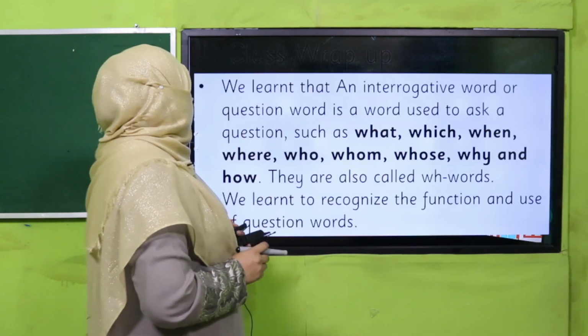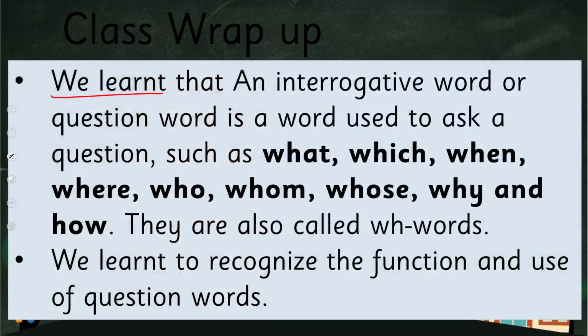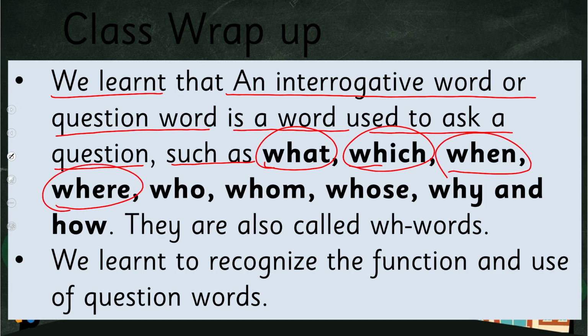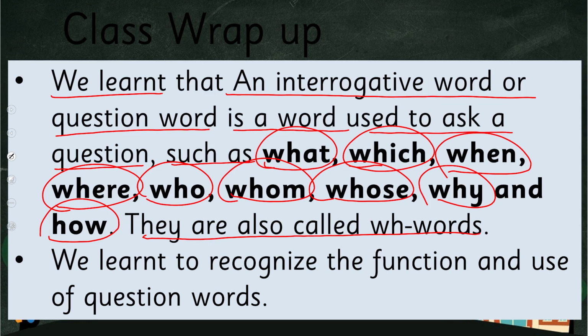So what have we learned? We learned that an interrogative word or question word is a word used to ask a question such as what, which, where, when, who, whom, whose, why, and how. They are also called WH words.